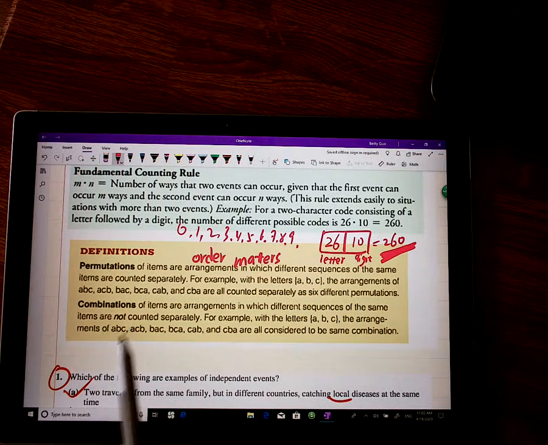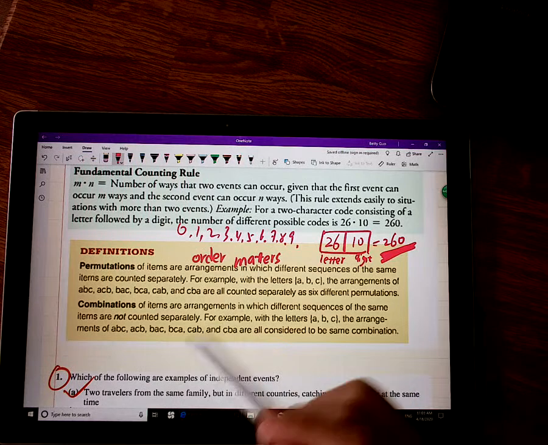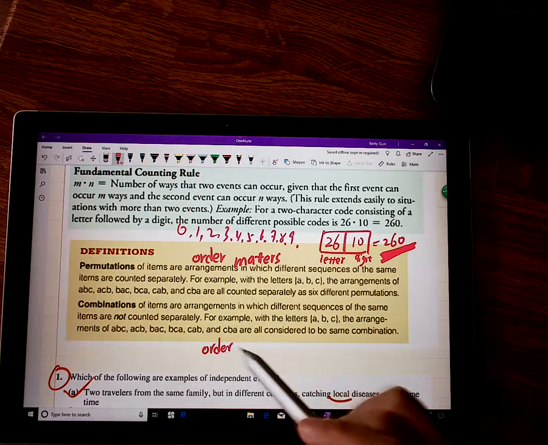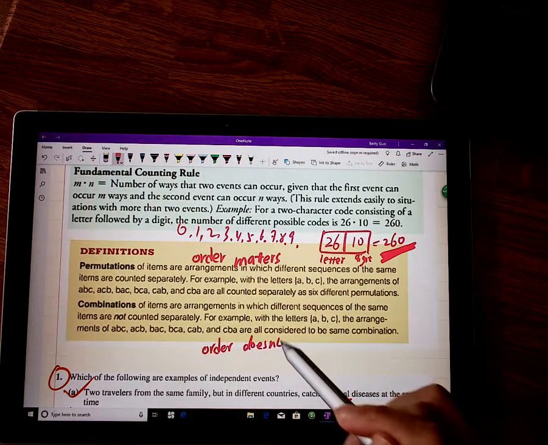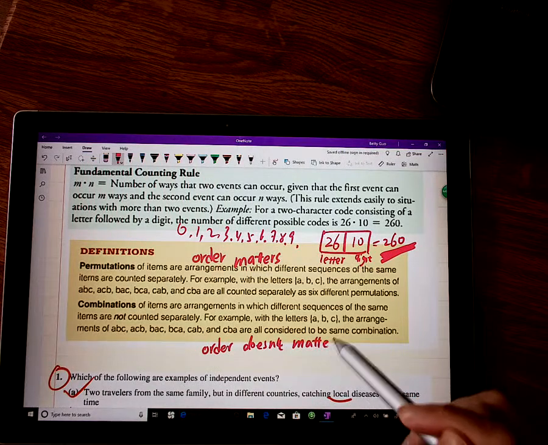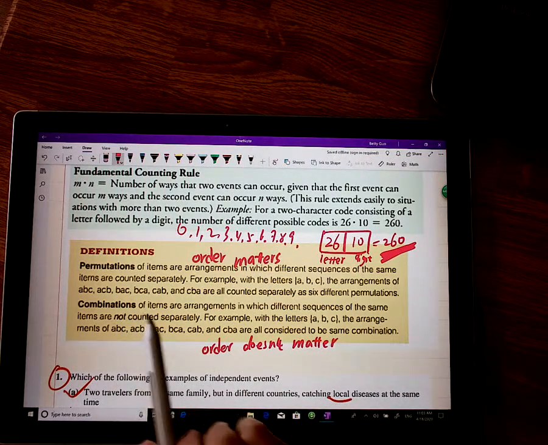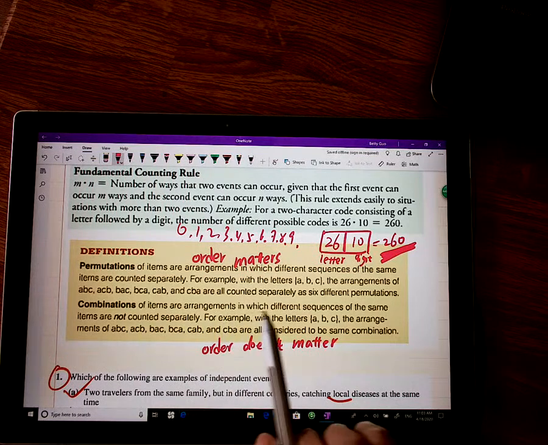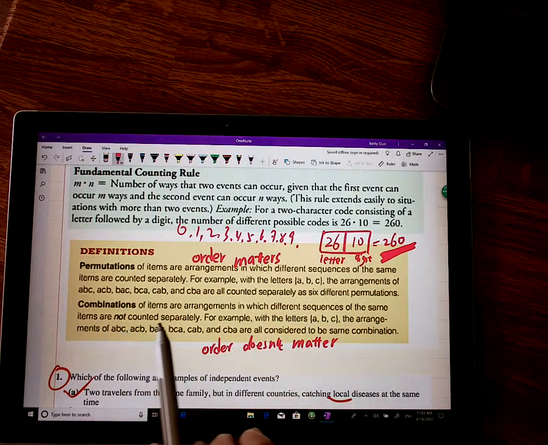While in combinations, order does not matter. So order does not matter when we consider combination. Combinations of items are arrangements in which different sequences of the same items are not counted separately.